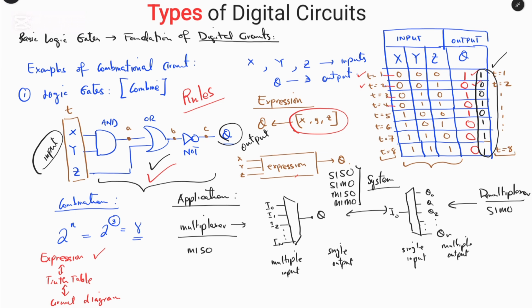So you can fully analyze the circuit. That is why they give you a truth table and the expression or the circuit diagram itself, to help you fully understand this type of system and how it behaves.